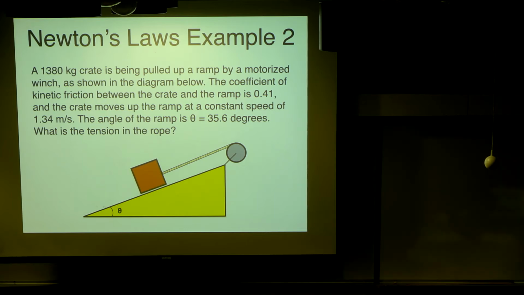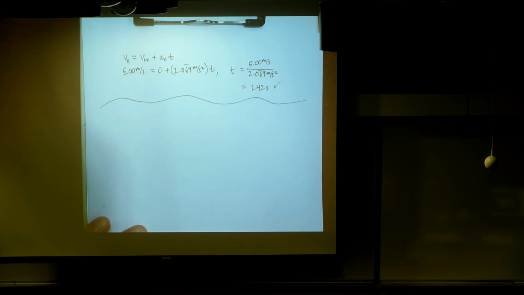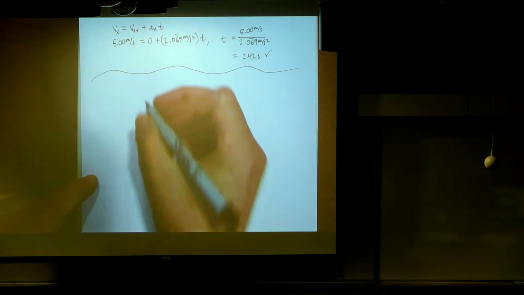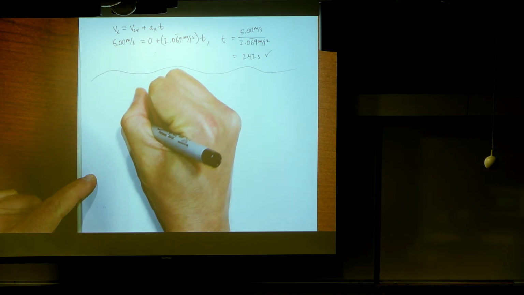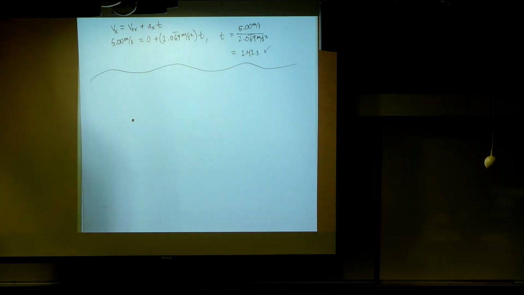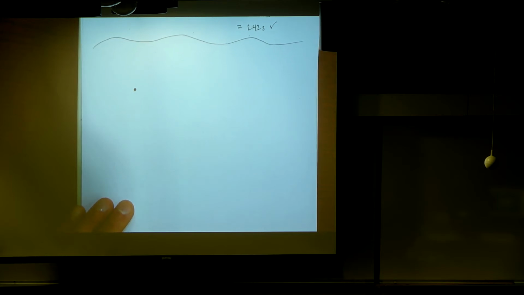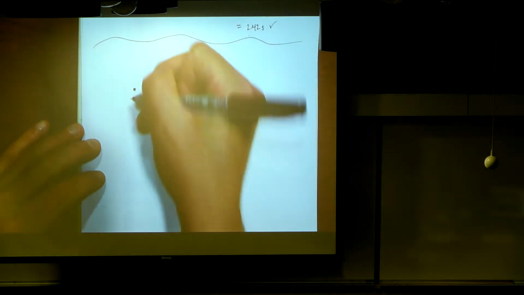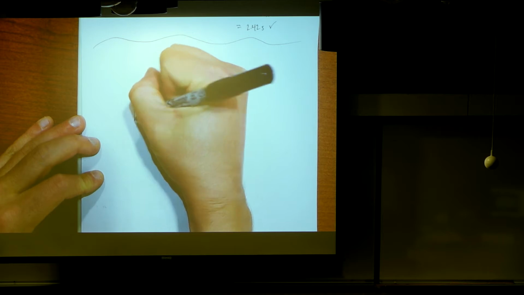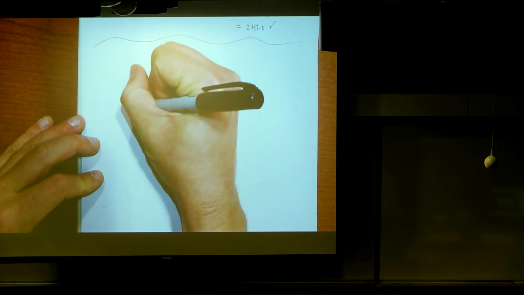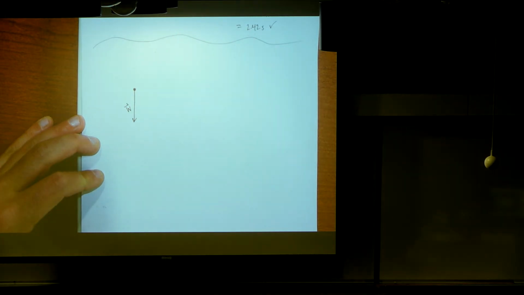All right, so with that said, let's draw the free body diagram of this crate moving up the ramp. What forces will be present? So weight, for sure, is going to be there. It's going to be straight down, right? This is W. What else do we have?